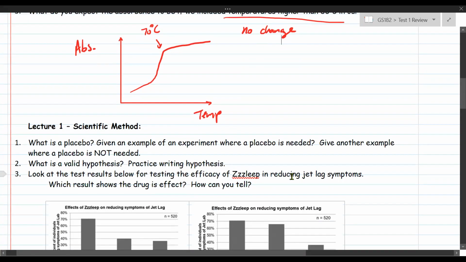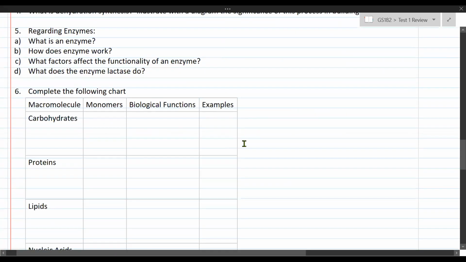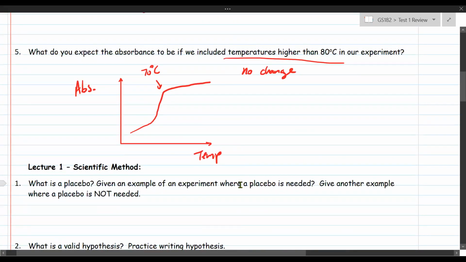All right. What is a placebo? Give an example of an experiment where a placebo is needed. A placebo is basically a sham treatment. It is something that has no effect on the dependent variable.